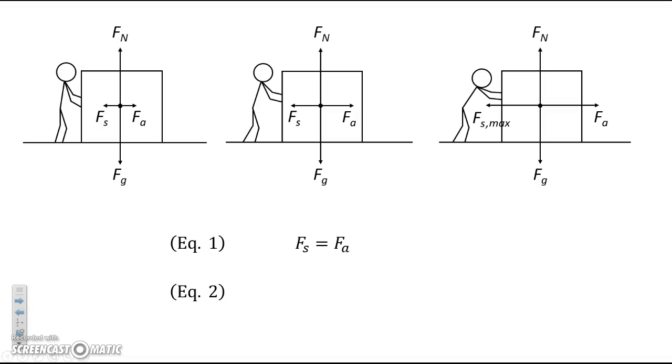The second equation looks a lot like the kinetic friction equation. The maximum static friction force is equal to this value mu sub s, the coefficient of static friction, times the normal force on the block. So if you reduce the normal force, maybe by lifting up on the block, static friction cannot get as big when you do that.